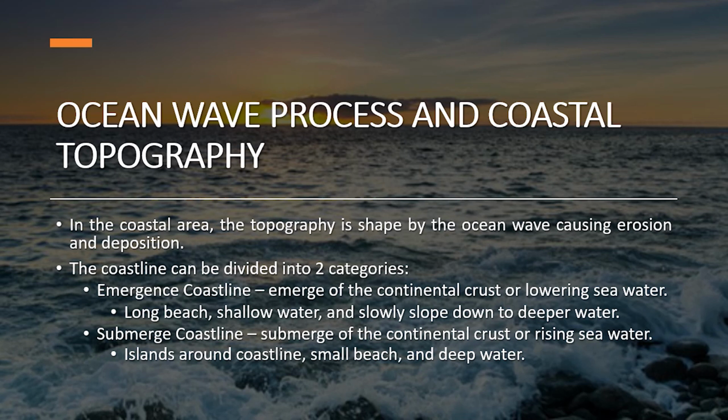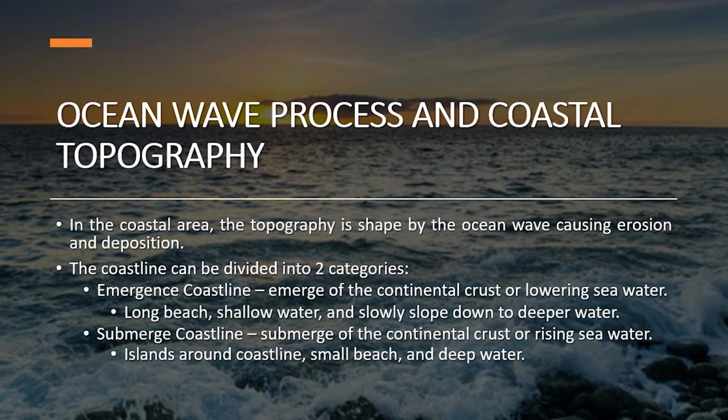We talk about the sea now, mostly focus. So in the coastal area, the topography is shaped by the ocean wave, causing erosion and deposition. Again, as you can see, when there is a force by the water, especially the sea has the waves, right? These waves cause the water to erode onto the surface of the earth.